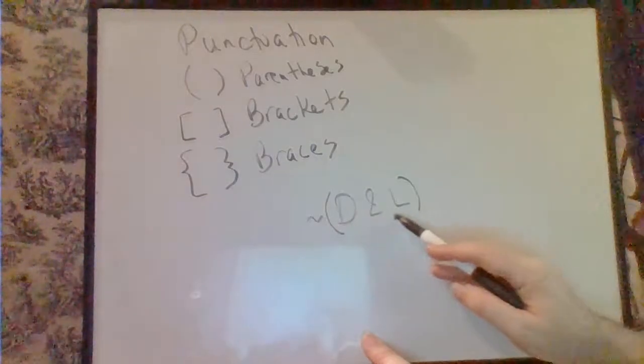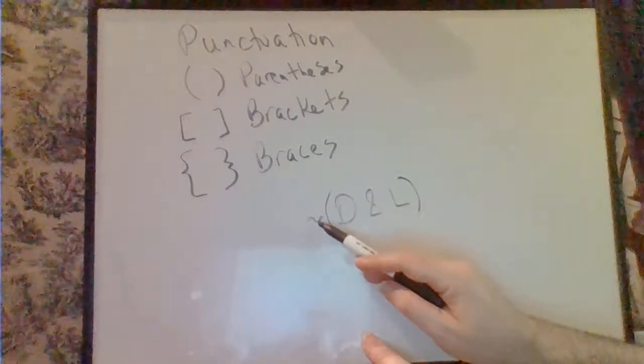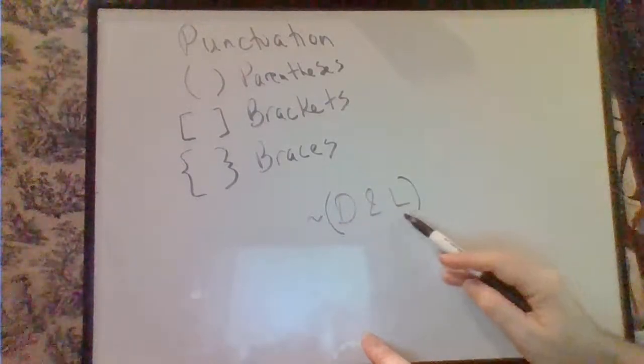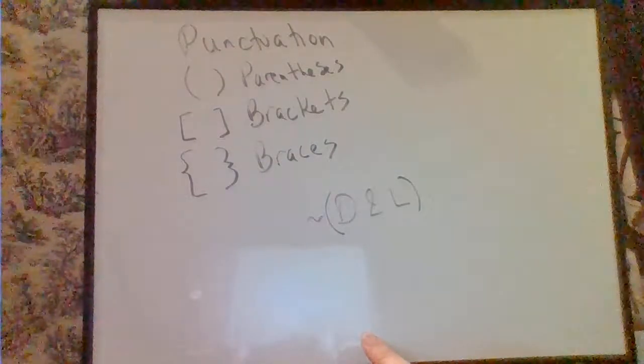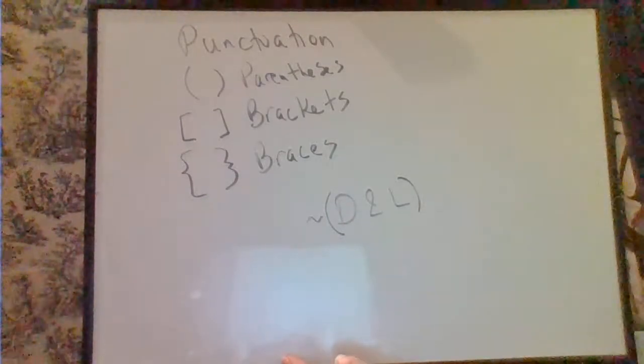It's denying the total value of all of this. So it is not the case that the door is open and the lights are on, right? So that's one way in which you might use parentheses, would be to deny a longer statement like that.